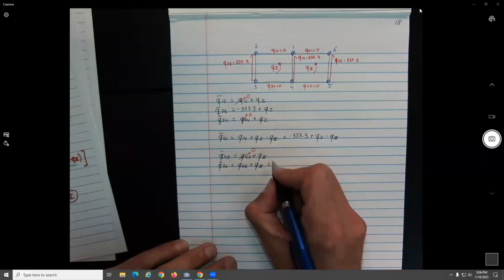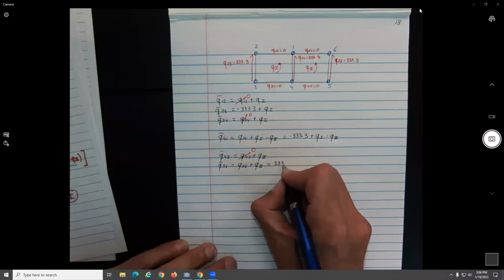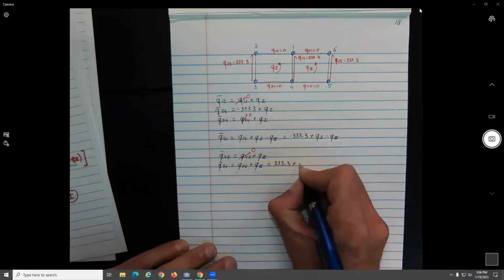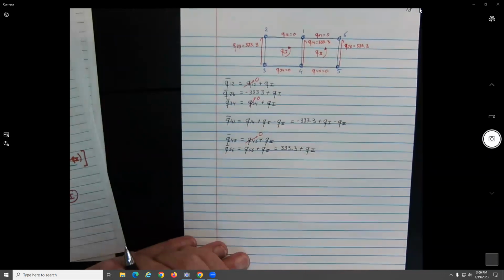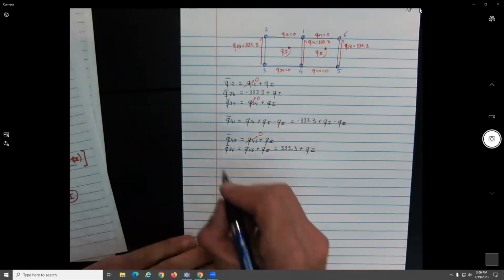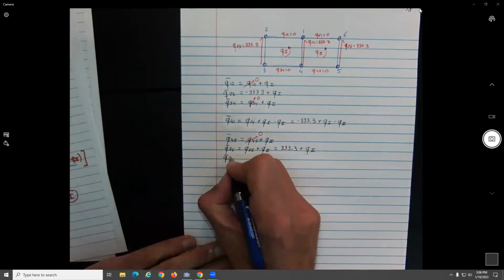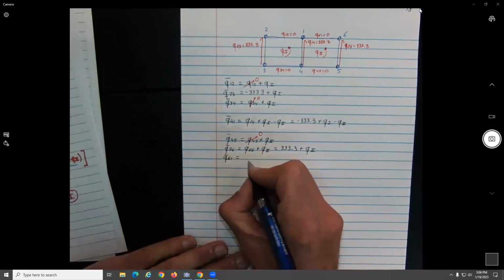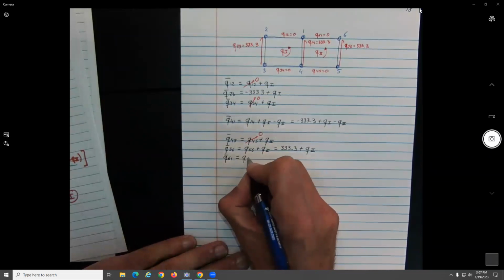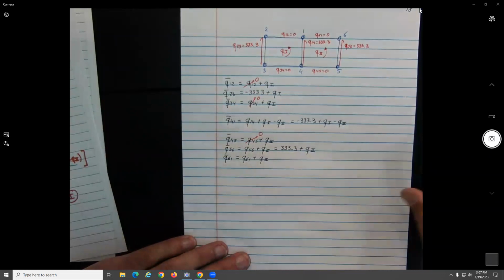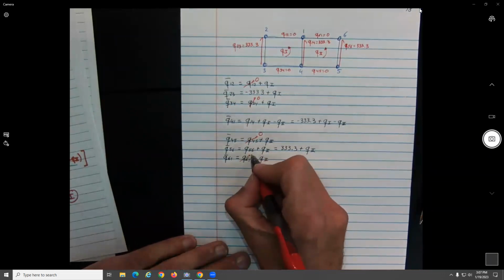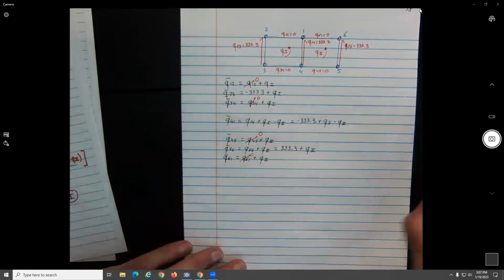So this will be equal to 333.3 plus Q2. And finally, Q61 will be equal to Q, if you want 61, plus Q2. And we know Q61 is 0.